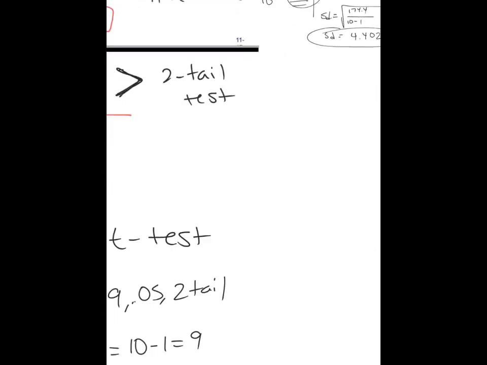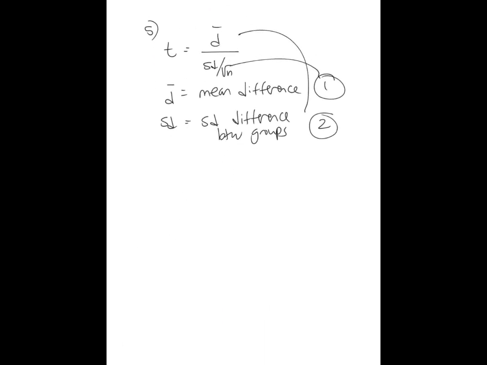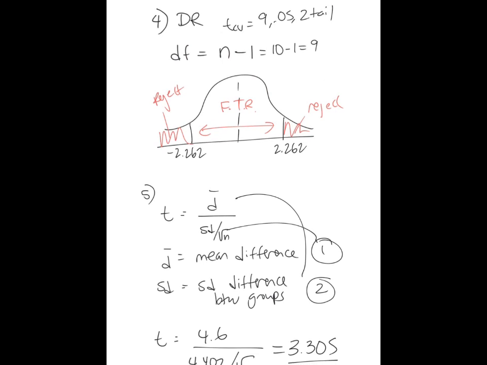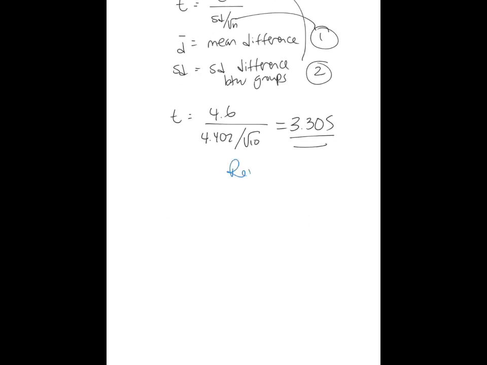So now we can plug it into our t equation. t is equal to 4.6 divided by 4.402 over the square root of 10, and this gives us a t statistic of 3.305. Right, so when we look at our critical values here, 3.305 is out there in this tail, and therefore we reject the null.